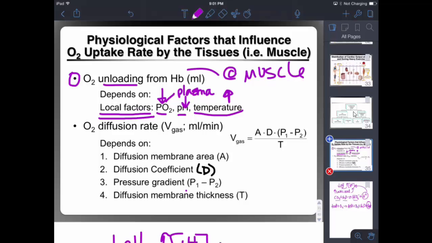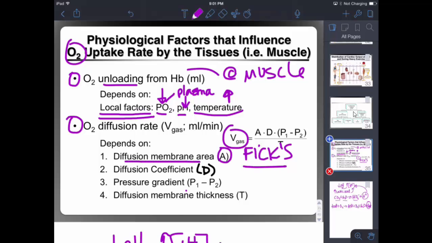The second factor that I want to remind you of is the oxygen diffusion rate, and this was described by Fick. And Fick said that the rate that a gas diffuses, and we're talking specifically about oxygen here, is related to the area, the diffusion membrane area.